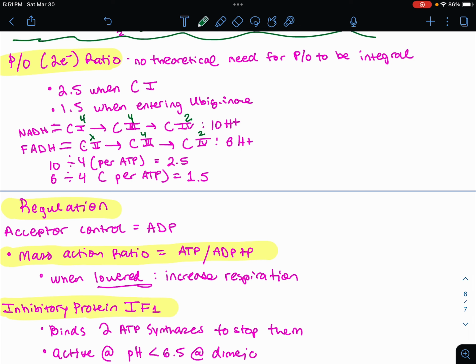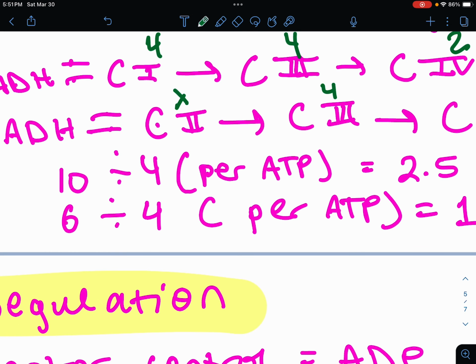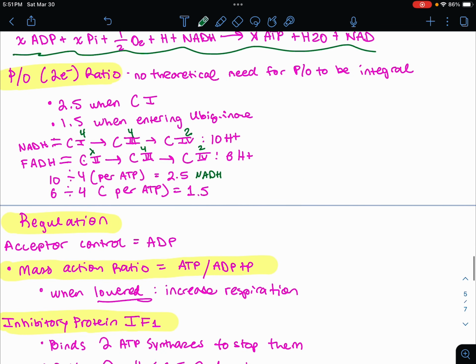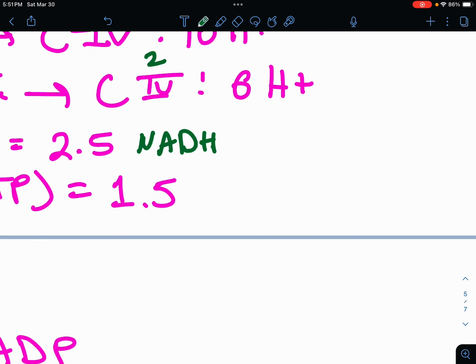We established that earlier. So we're going to take 10 divided by 4 hydrogens, and that's going to give us 2.5 for NADH. That's where we get that number. And then 6 hydrogens, which are pumped out when we start at complex 2, divided by the 4 that are needed per ATP, that's going to give us 1.5. That's where we get that number.